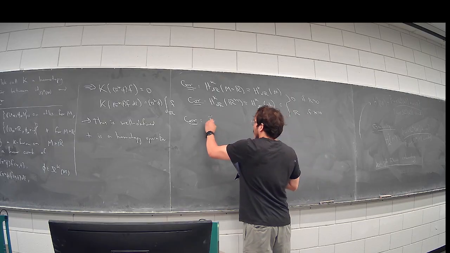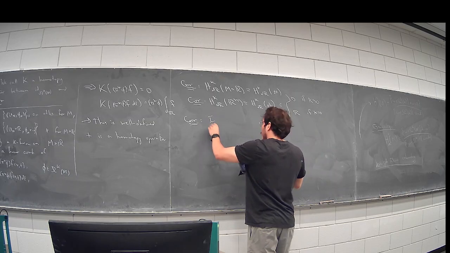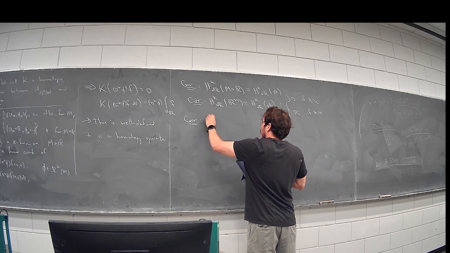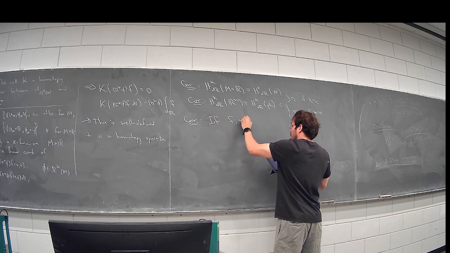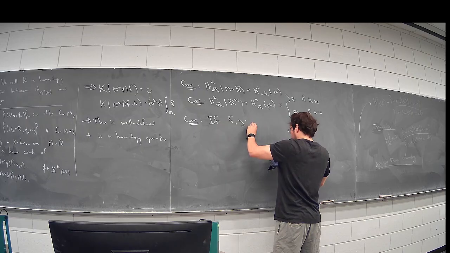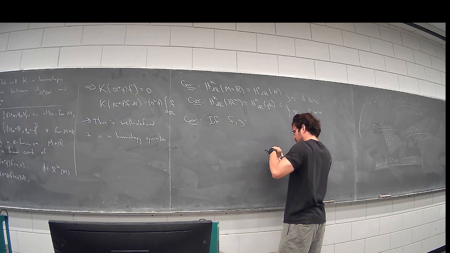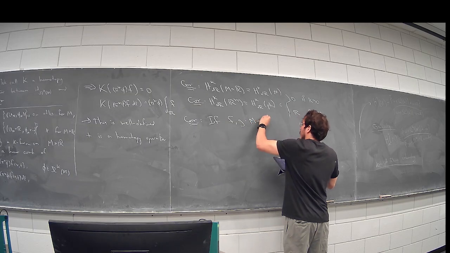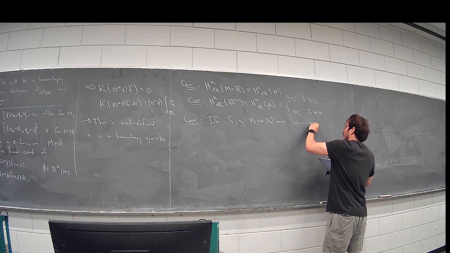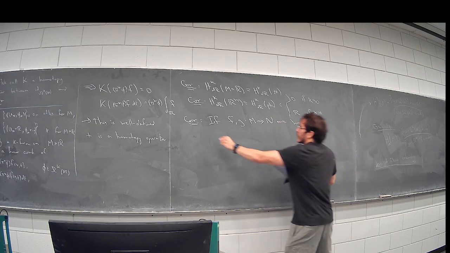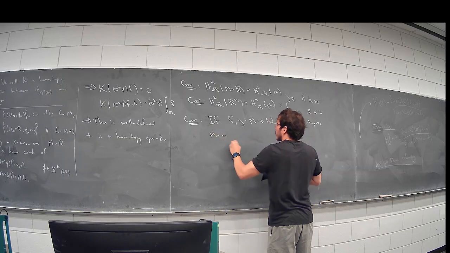So if F and G are homotopic, then they induce the same map on cohomology.